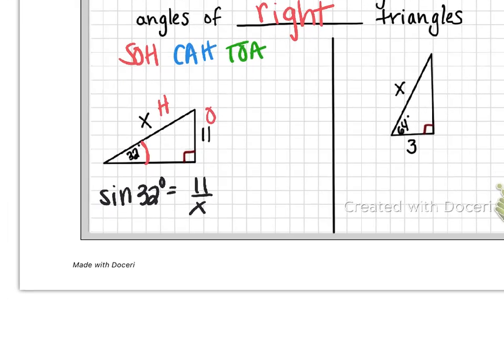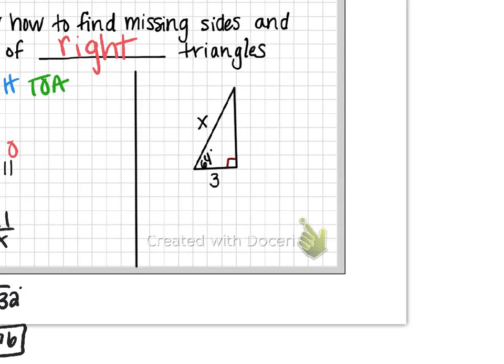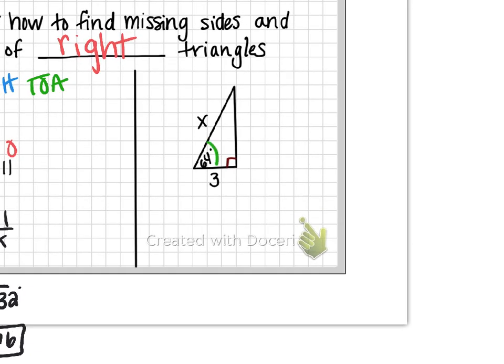And then as we solve this, we end up with x equaling 11 over sine of 32 degrees. When we plug that into our calculator, we get that that missing side equals about 20.76.